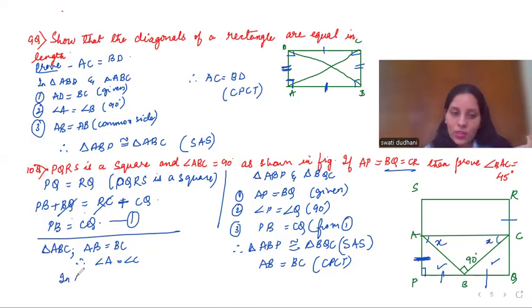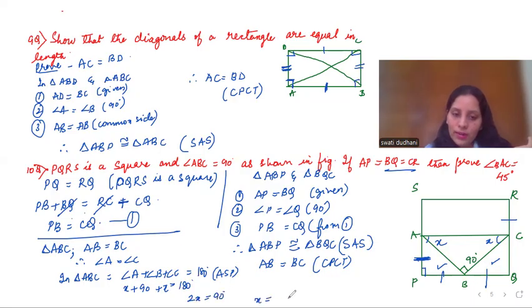Now, consider triangle ABC using angle sum property. Angle A plus B plus C is equal to 180 degrees. So X plus 90 plus X is equal to 180. So 2X is equal to 90. So finally we get X as 45 degrees.